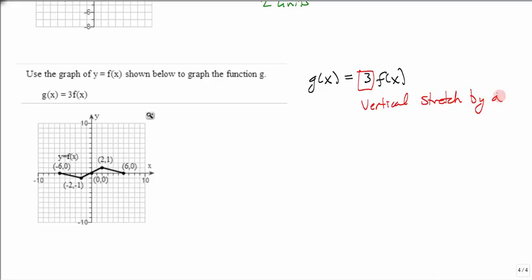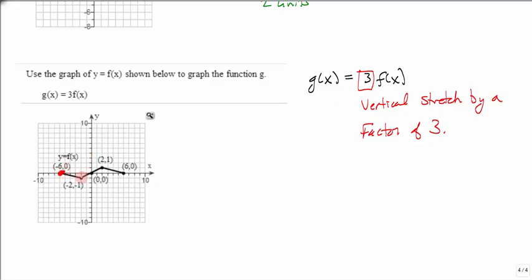Now, if it's on the inside, it does the opposite of what we think, but if it's on the outside, it does exactly what we think. This is a vertical stretch by a factor of 3. Okay, so what that means is we're going to take each of these. Now remember, vertical means the y values, and multiply times 3. So for this ordered pair, 0 times 3 is still 0, so this point stays.